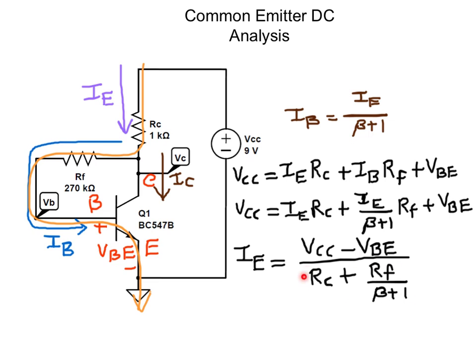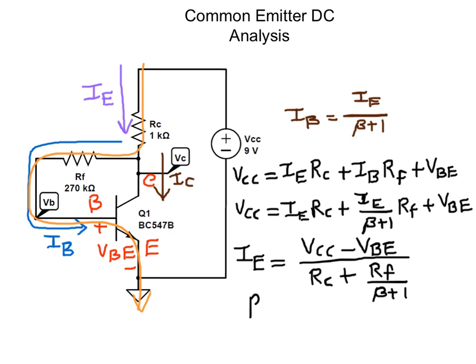Now if we look at the denominator, we notice that if we engineer or design the feedback resistance such that this term is smaller than this term, then the emitter current would be less dependent on beta.